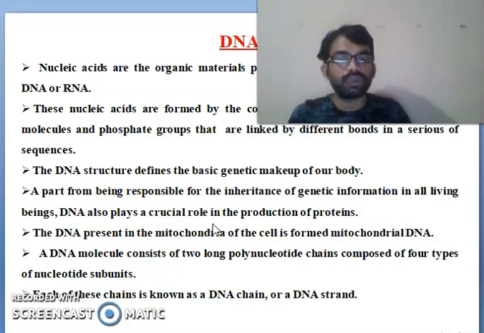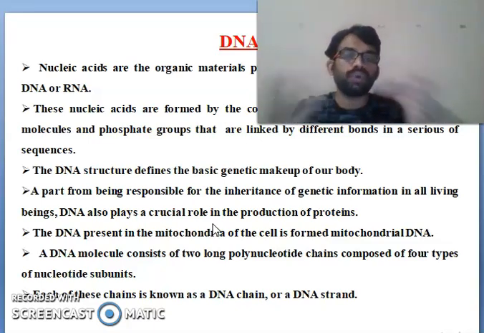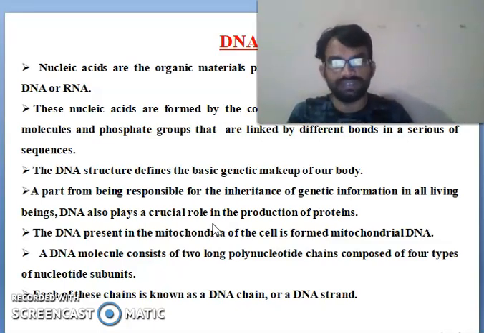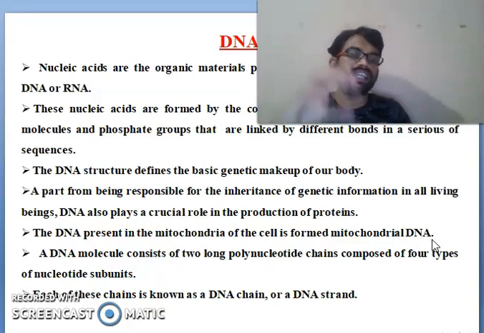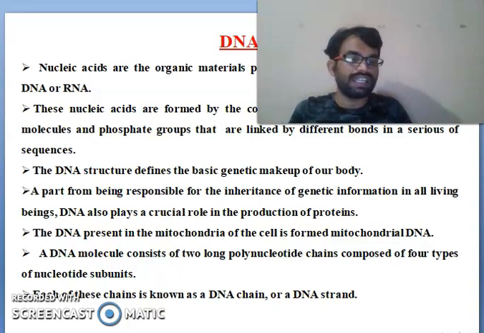DNA also plays a crucial role in the production of proteins. You can see DNA is also present in the mitochondria of cells. If the DNA is found in mitochondria, we usually call it mitochondrial DNA.